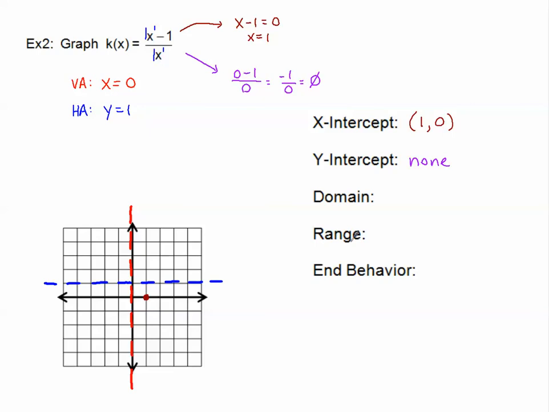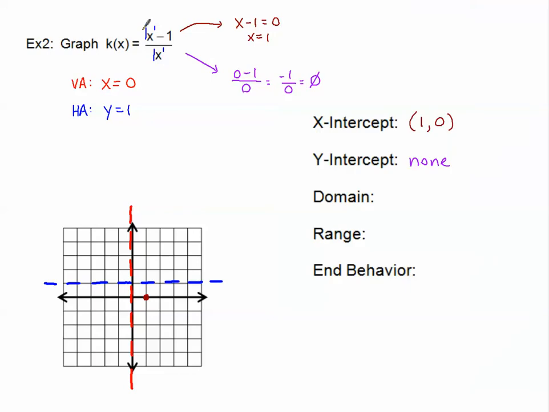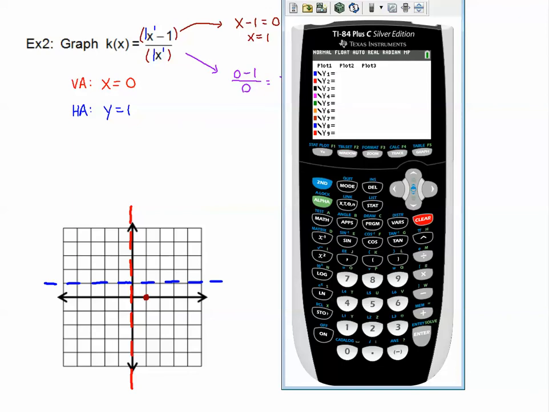Before we do domain, range, and end behavior, let's plug it into the calculator. And here's my calculator with my previous graph. I'm going to go to y equals and clear that out. Again, please make sure you have parentheses around the entire numerator and around the entire denominator. Doesn't really matter for this denominator because it is just one thing, but that numerator definitely needs to be housed in parentheses.